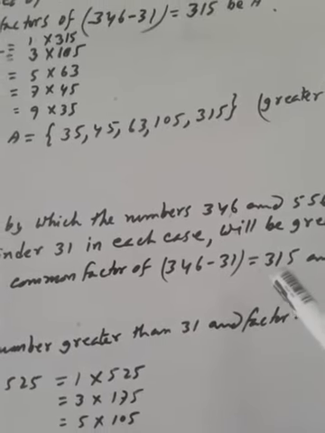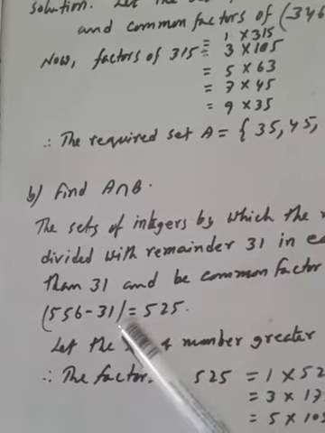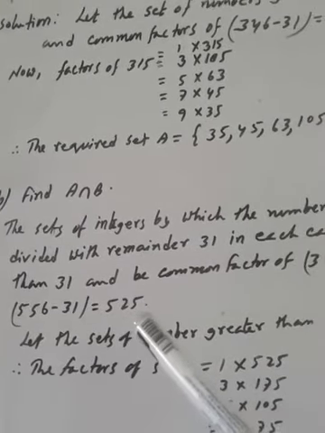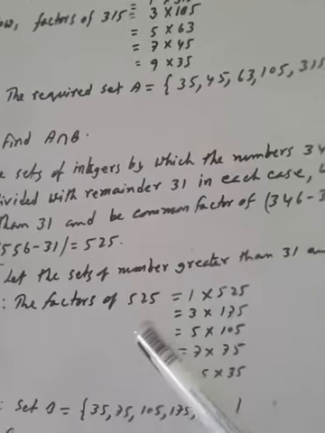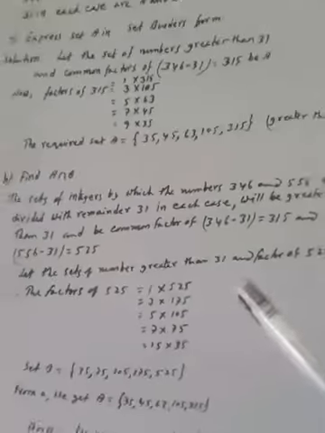We have got the factors of 315. Another number: 556 minus 31 equals 525. Now we have to find the factors of 525. The statement is written here, you note this.